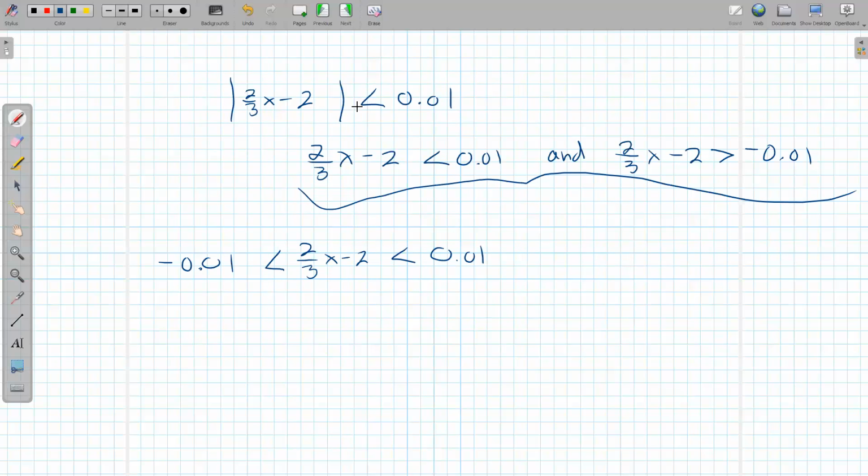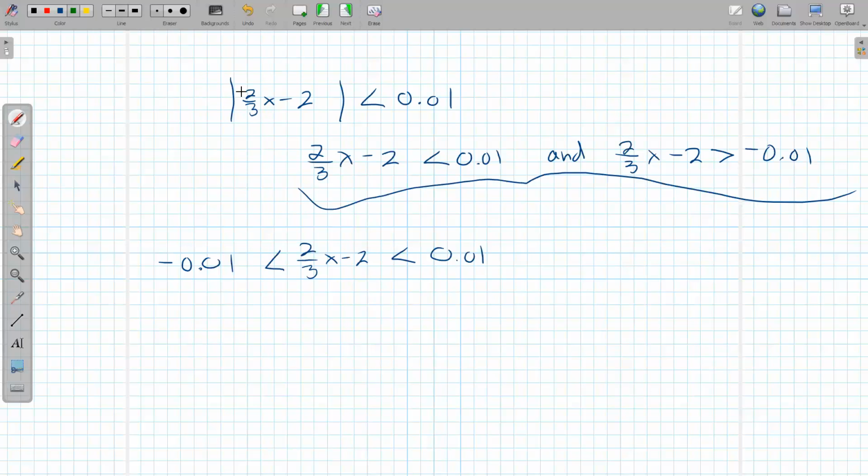And the rule is if you have an absolute value inequality, if it's a less than, the connector is and. If it was a greater than, the connector would be or. And if you read this from the variable, 2/3 x minus 2 is greater than negative 0.01, which is exactly what that says up there. But this is the more concise way to write it as a compound inequality.